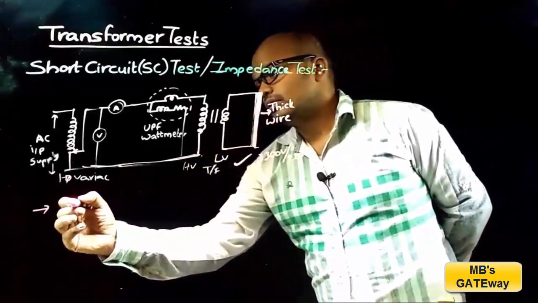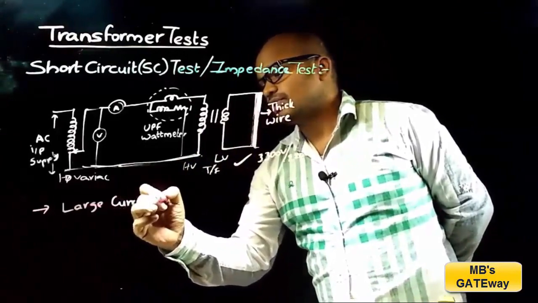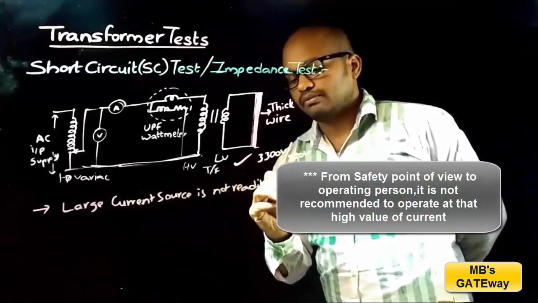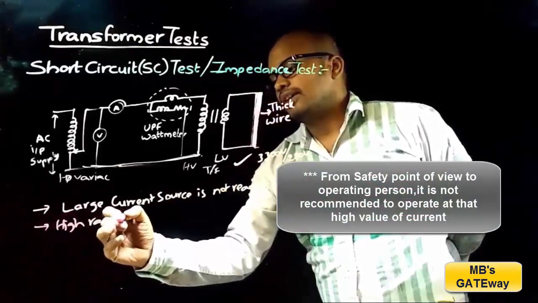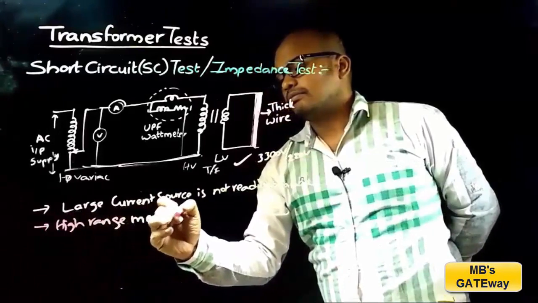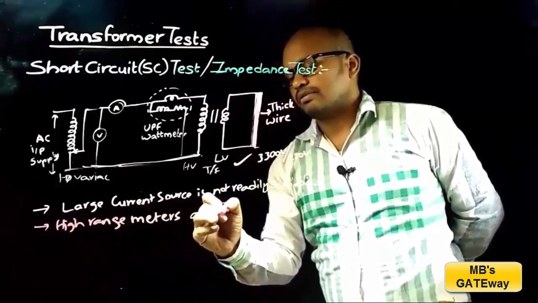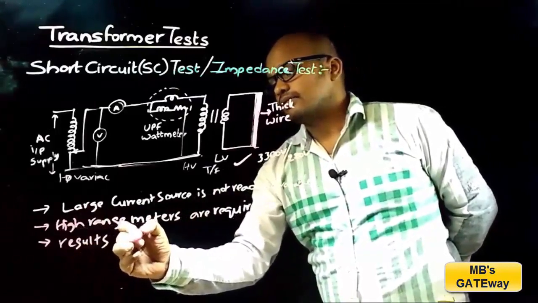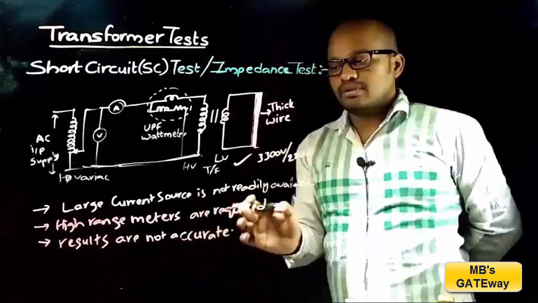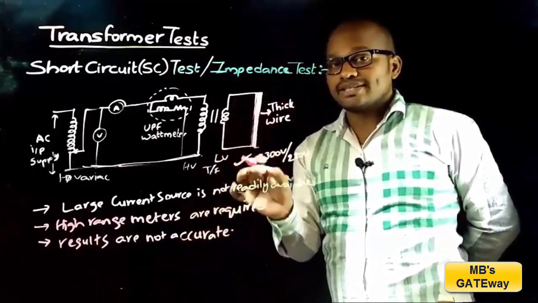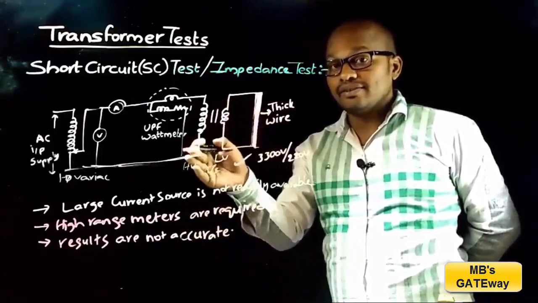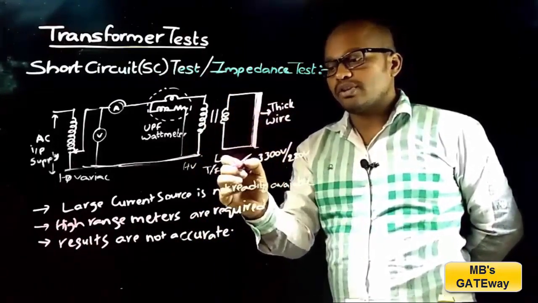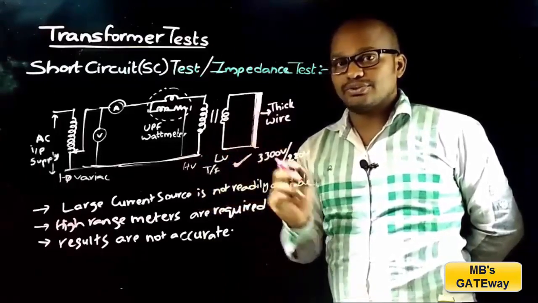That is, large current source is not readily available and high range meters are required and results are not accurate. So because of these reasons, short circuit test is not preferred to perform on LV side with HV side short circuit, and short circuit test is to be performed on HV side with LV side short circuit.